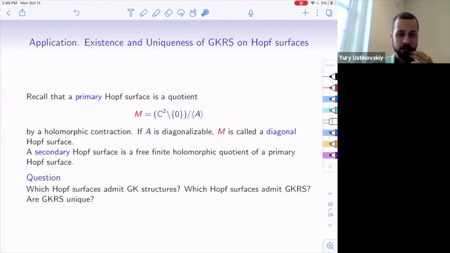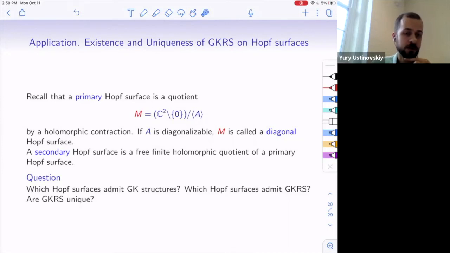So let's recall that a primary Hopf surface is a quotient of C2 minus the origin by contractions, and we have the specific subclass of diagonal primary surfaces. This is a case where A can be taken to be a diagonal matrix with an appropriate choice of coordinates on C2 minus the origin. And a secondary Hopf surface is a finite holomorphic quotient of a primary Hopf surface.